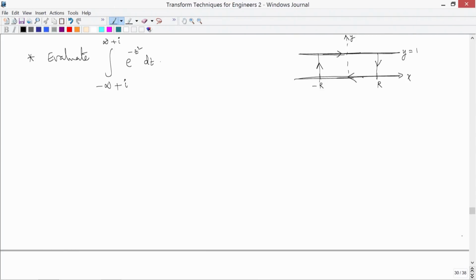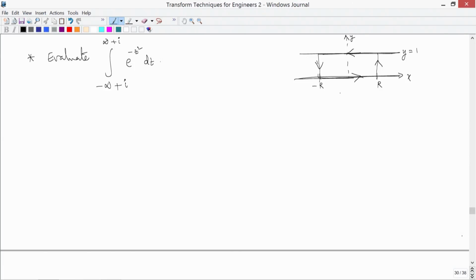and you close it this way. In this direction you are going. If you want a positive orientation, as I said, if you move along the boundary, the rectangle should be on your left hand side. I consider this as gamma.